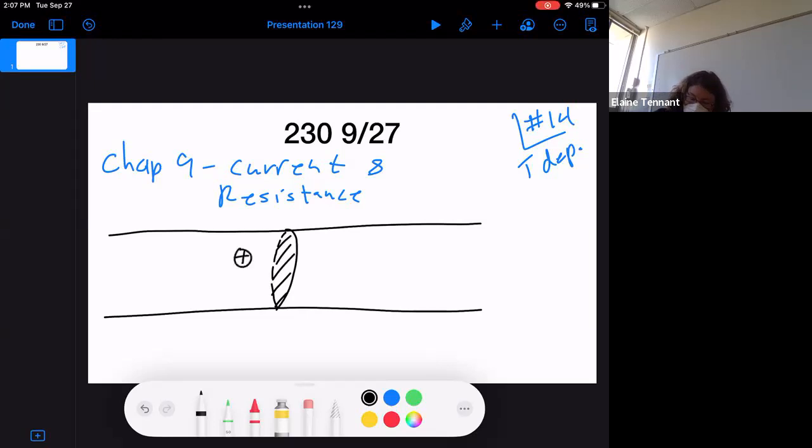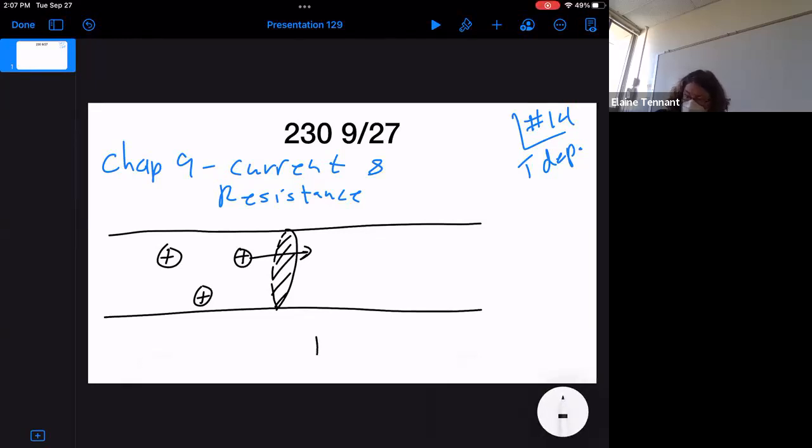And then I can think of charges moving through this membrane, where the current is the change in charge over the change in time.